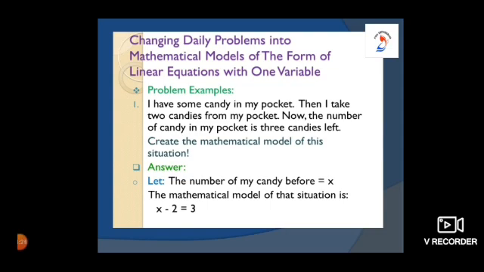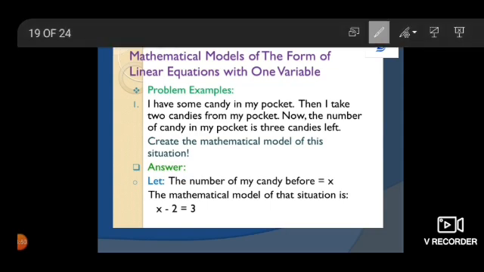I have given you a common example, one of the real life situations. I'll read out the problem. I have some candy in my pocket. Candy meaning sweet or chocolate. Then I take 2 candies from my pocket. Now the number of candies in my pocket is 3, that is, 3 candies are left. You need to create a mathematical model of this situation.